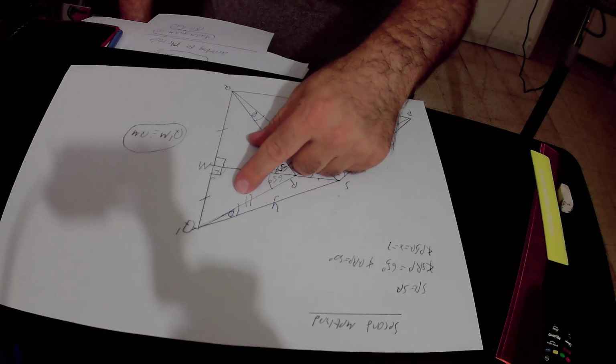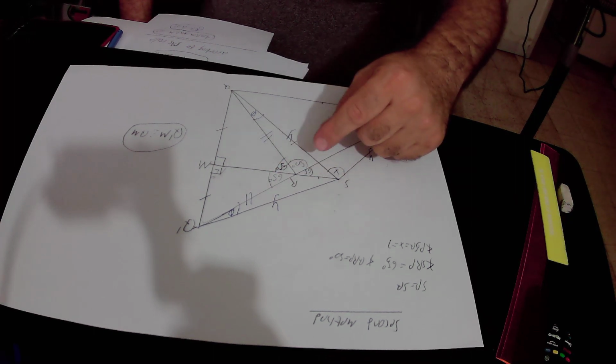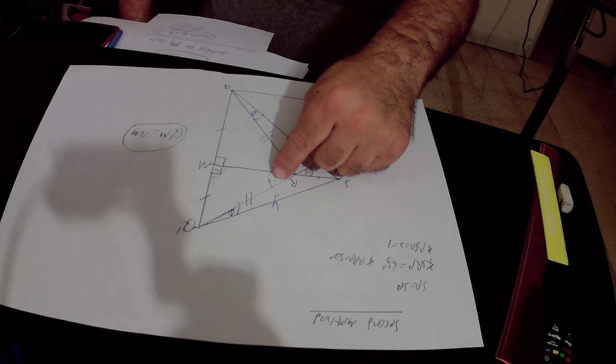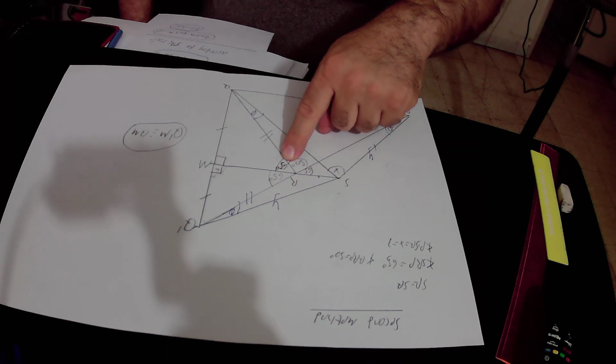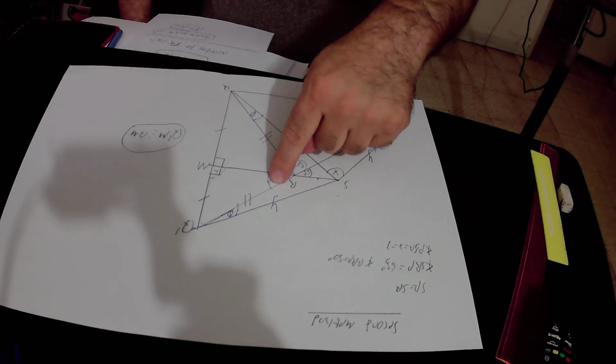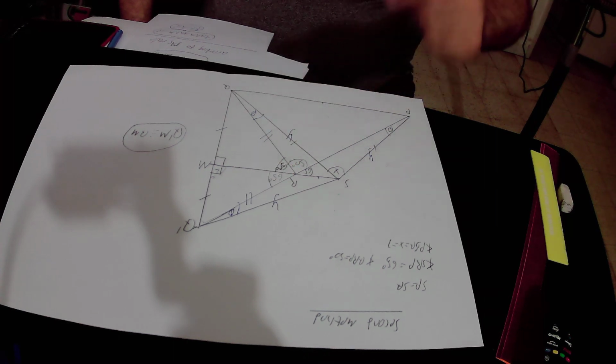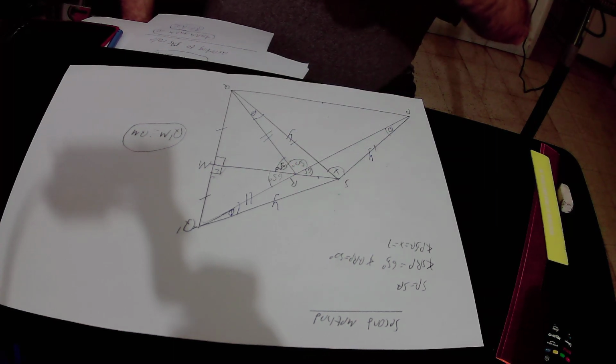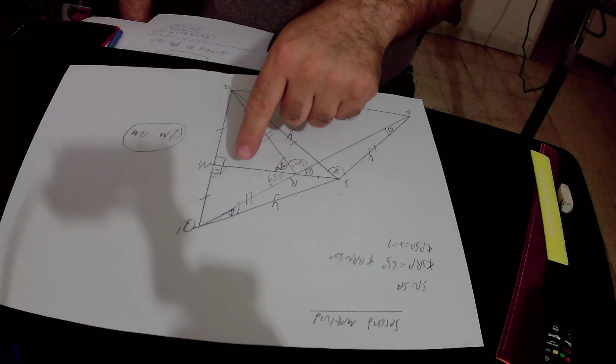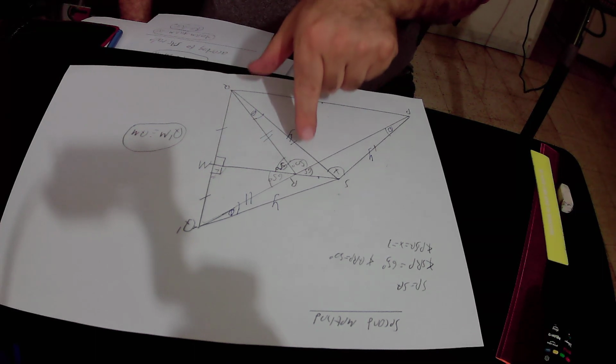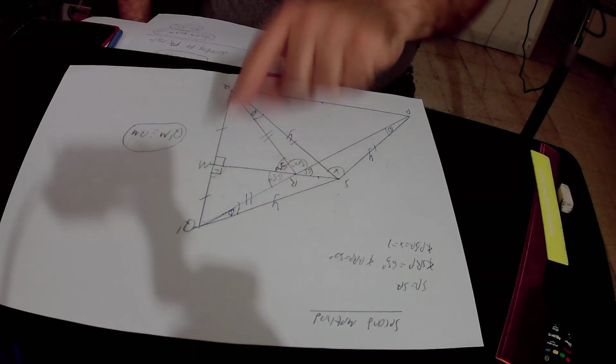And from this fact, we first of all concluded that those two angles are equal to each other, and if this angle is 65 degrees, this angle will also be equal to 65 degrees. And the second thing that we concluded is that RQ equals RQ'.